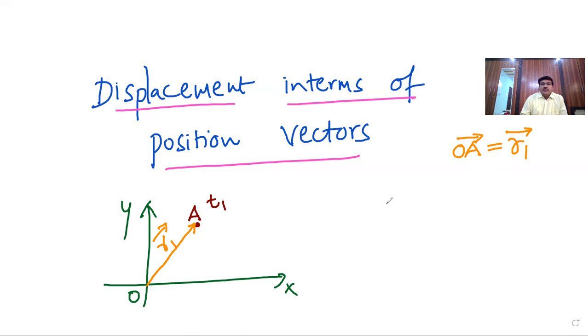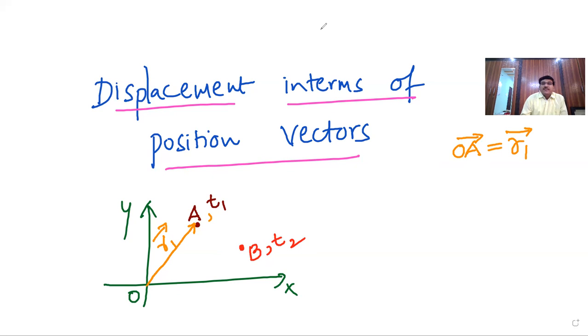It is a position vector, the initial position of the object at A, at the time T1. Let us say slowly the object has moved to the B position and the time is T2.